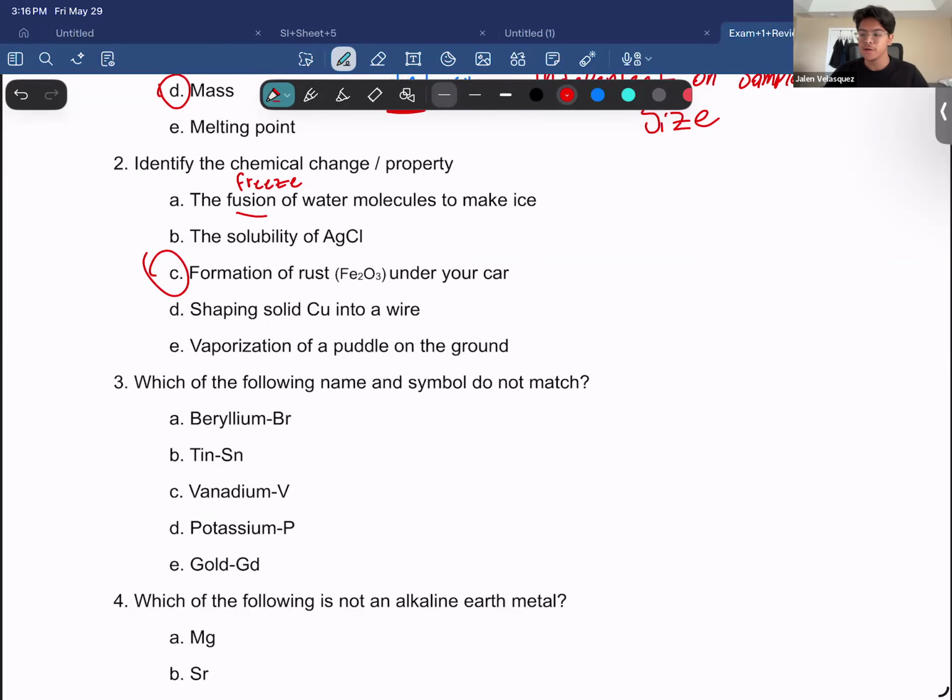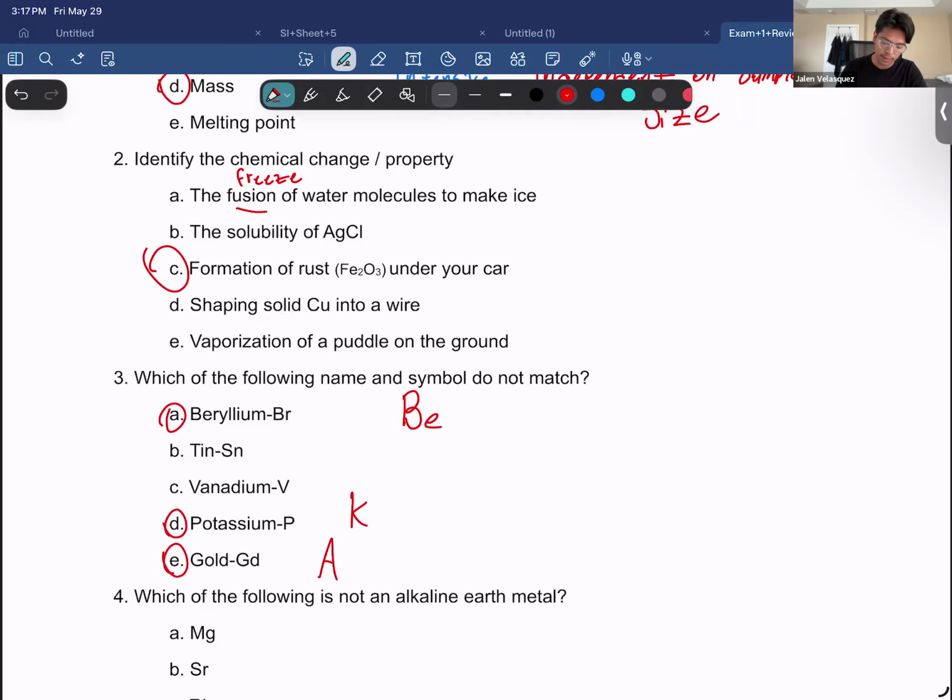Good. Yeah, your answers here should be A, D, and E. So beryllium, the symbol for beryllium is Be. For D, the symbol for potassium is K. And for E, the symbol for gold is Au.